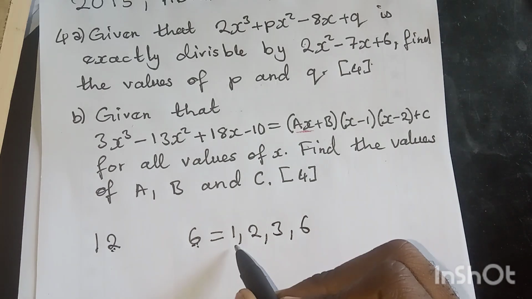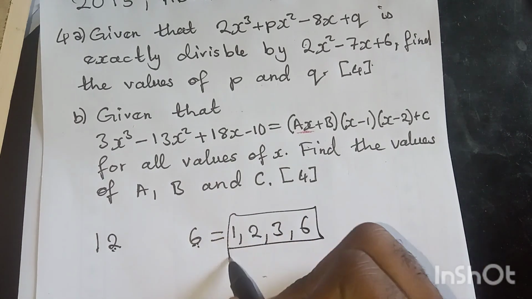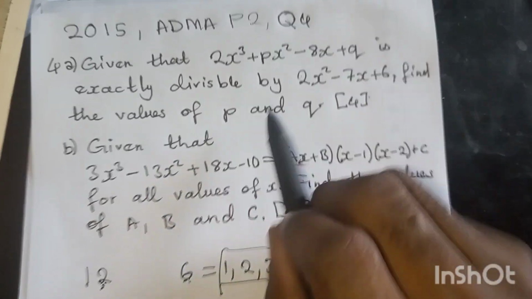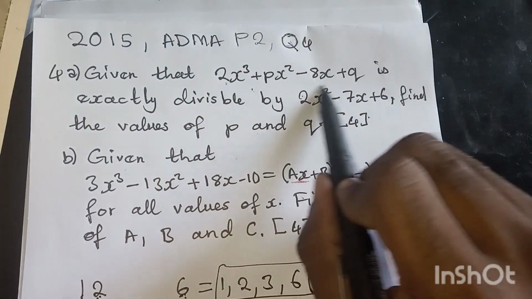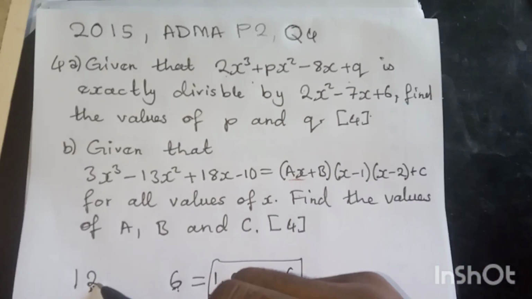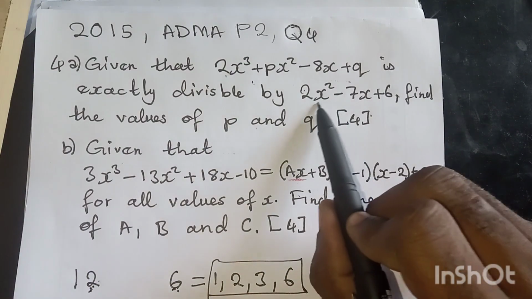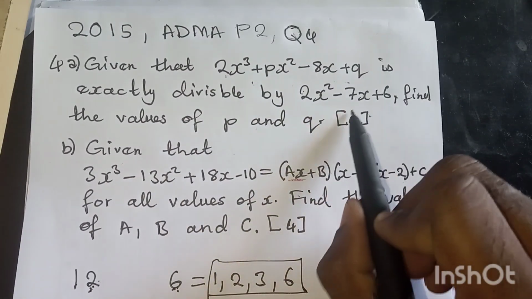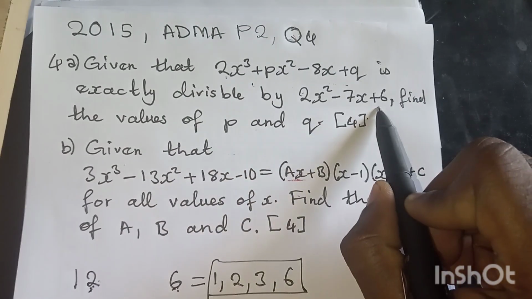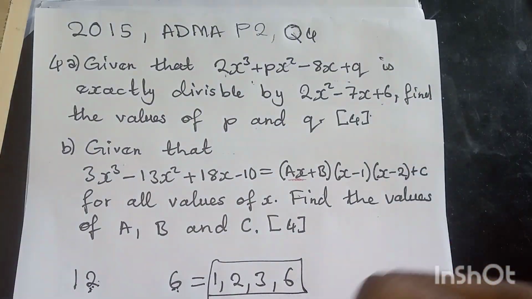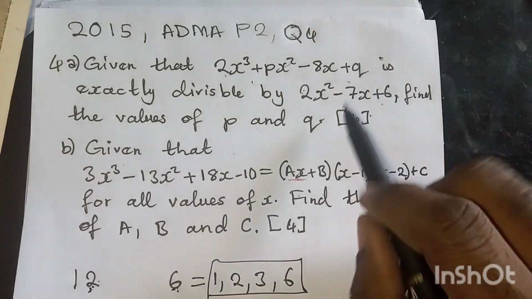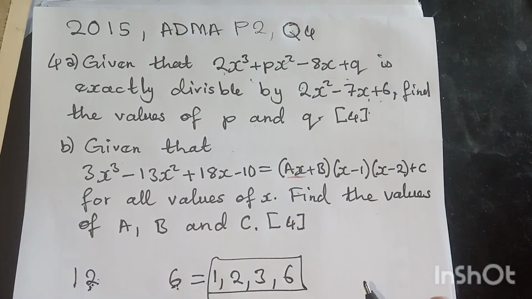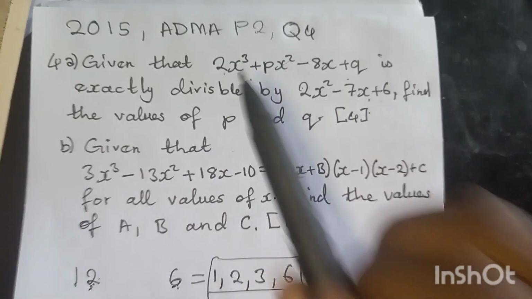So you will realize that all of these factors are also factors of 12. The same applies to this. We have this one, which is acting like the 12. And then if we can find the two factors of this, then each of those two factors will be factors of 12. So let's factorize this and find the factors there, and then we can use them to solve for P and Q.